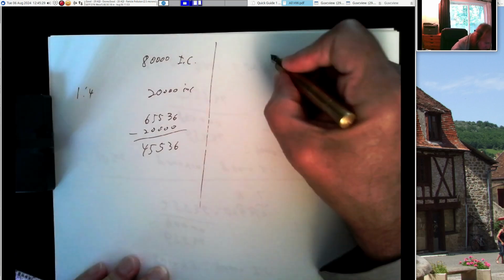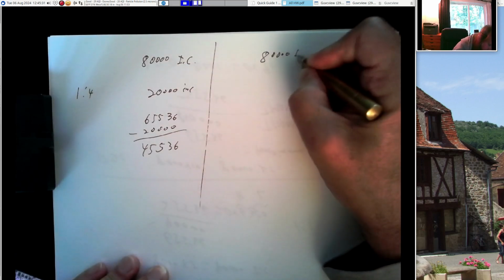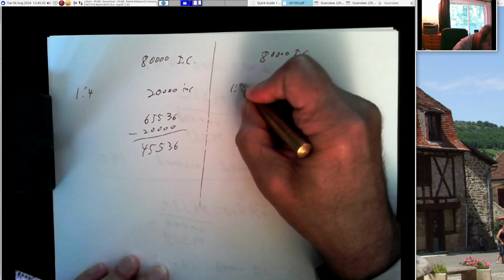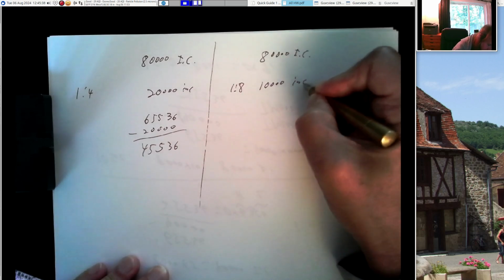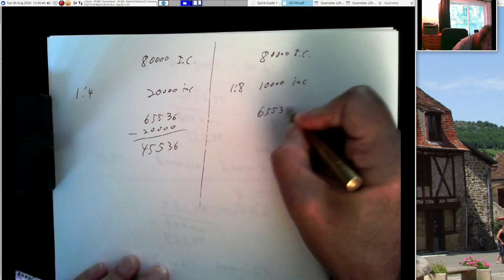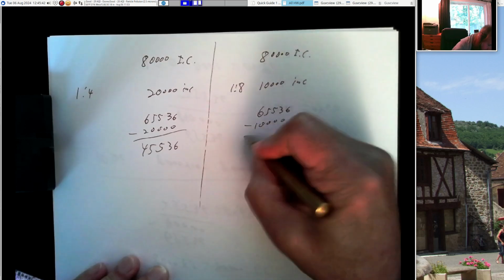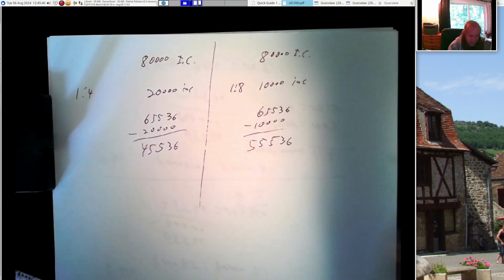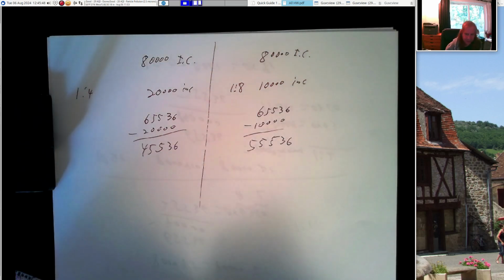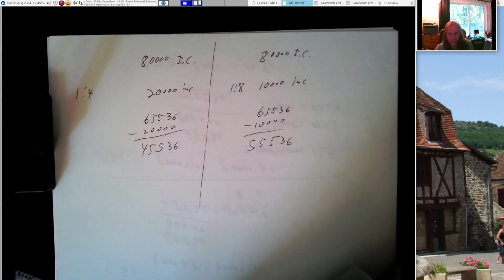If we want a different prescaler, 80,000 instruction cycles with a 1 to 8 prescaler means we'll end up with 10,000 increments. And so 65,536 minus 10,000 is 55,536. So convert these to hex, that's the value you put into Timer 0 high and low.